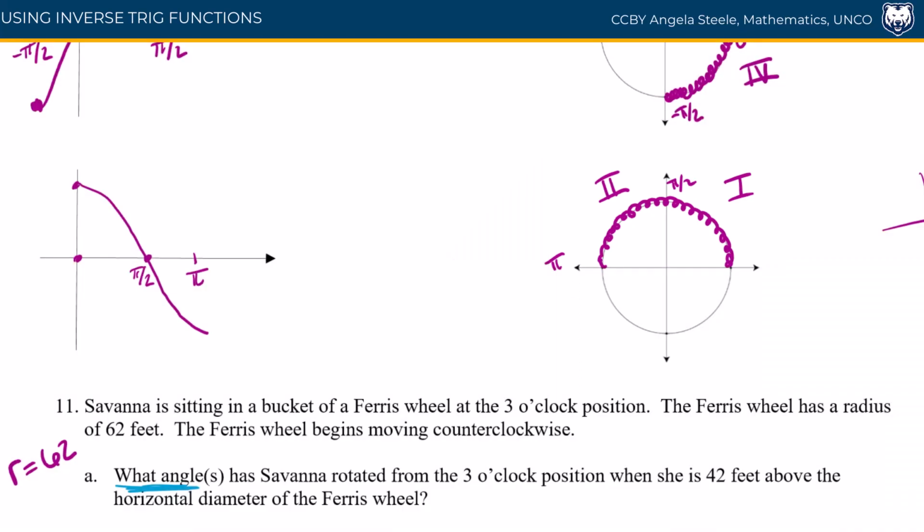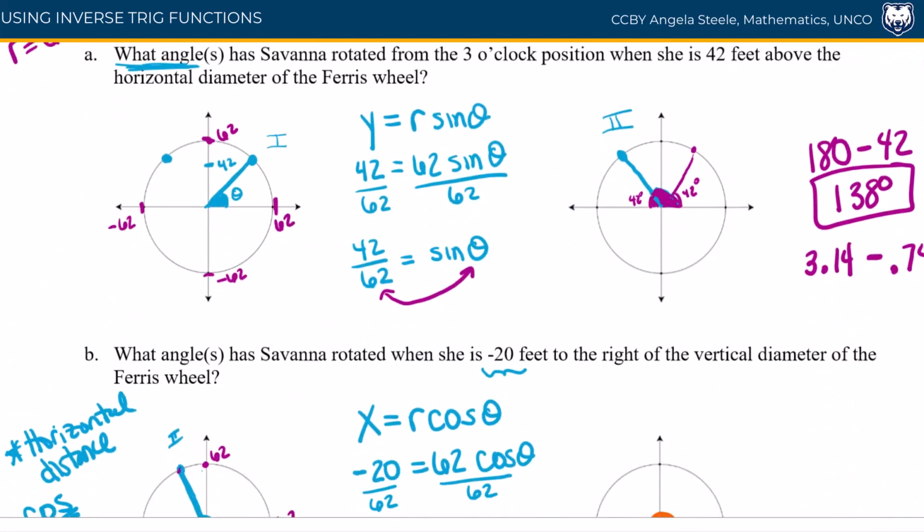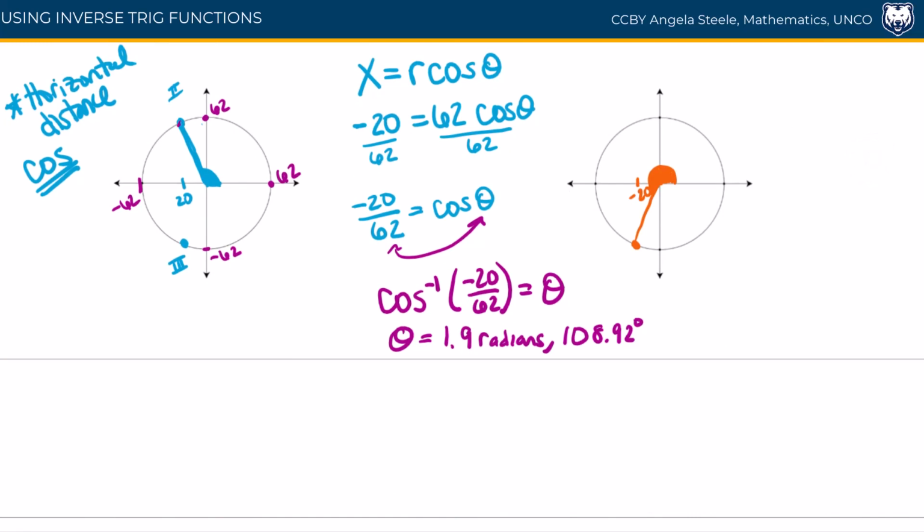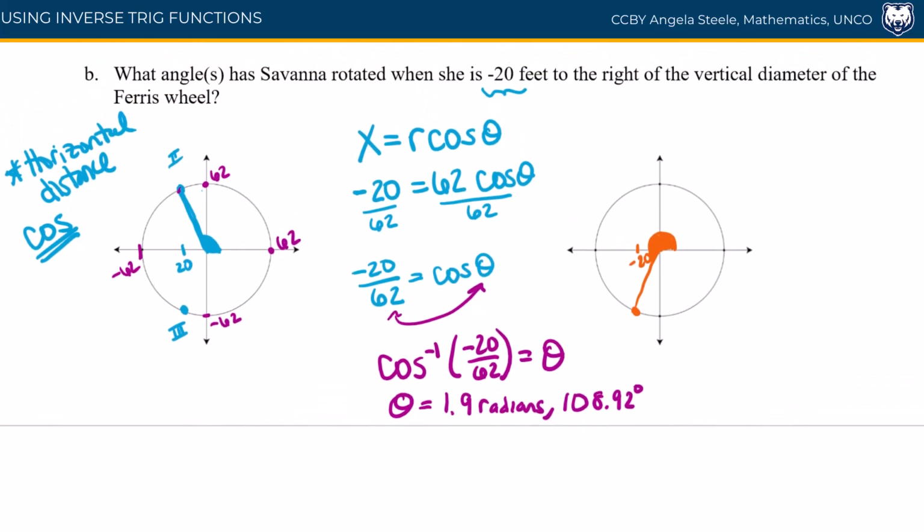So because that is not part of our domain, we will have to use reference angles to find this solution. Okay, our calculator did give us the angle from quadrant 2. So we know that this is 108.92 degrees.